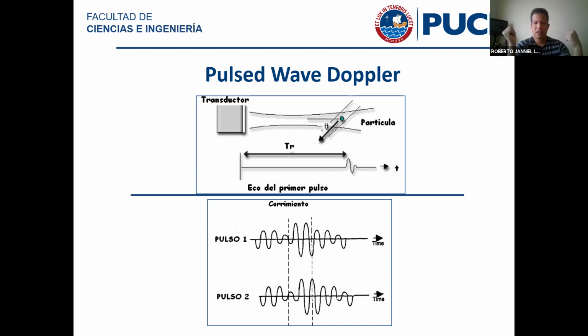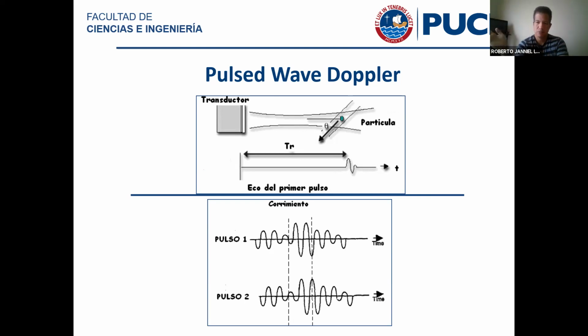So the idea here is that, unlike continuous wave Doppler, where you turn on your transmitter and it's just there, on and on and on, and then there's the receiver receiving things, in this case it's the same transducer doing the transmit and the receive. That's one thing. The second thing is that you don't just transmit and receive and that's it.